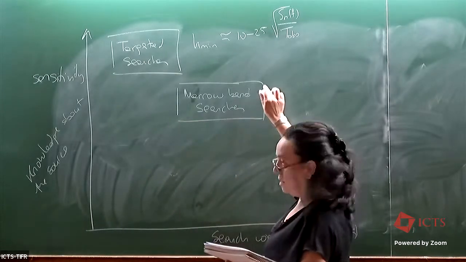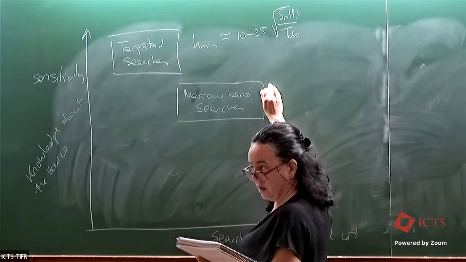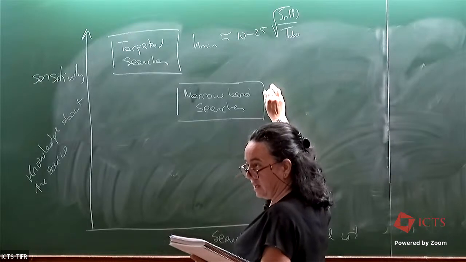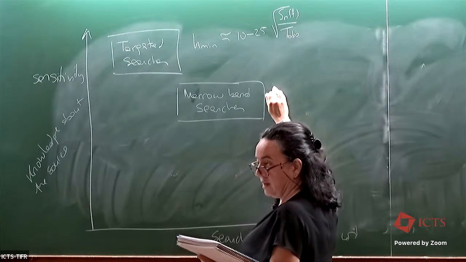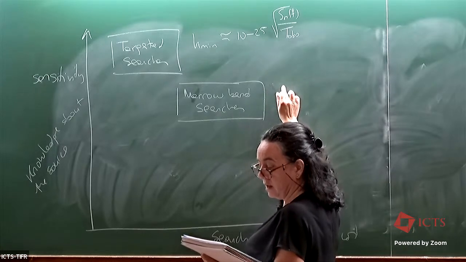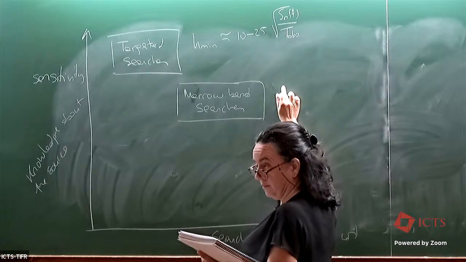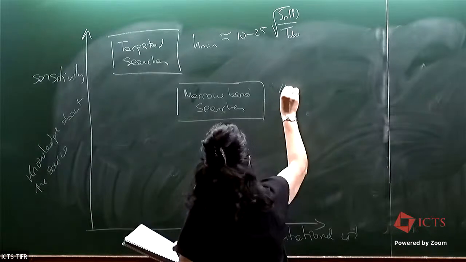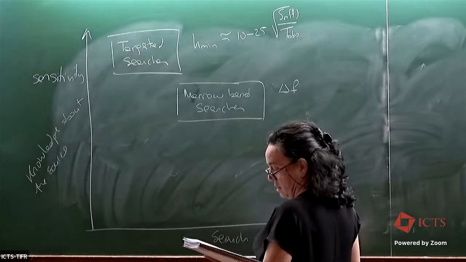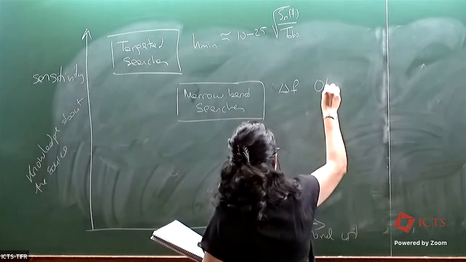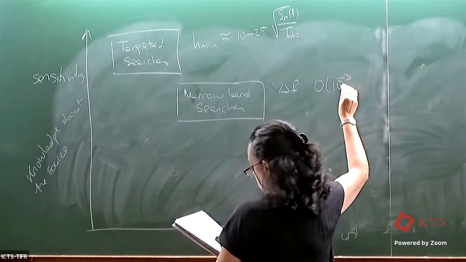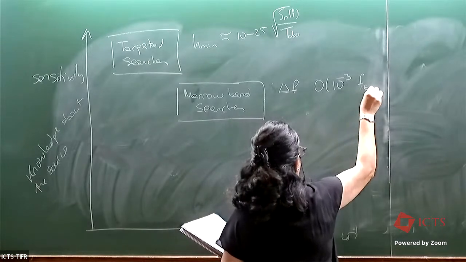Again, this is for known pulsars in which I know precisely the sky location, but basically I relax the coupling between the gravitational wave and the electromagnetic wave signal. Basically, I'm going to do a search in a very small frequency band, of the order of 10^-3 the frequency of the electromagnetic wave.